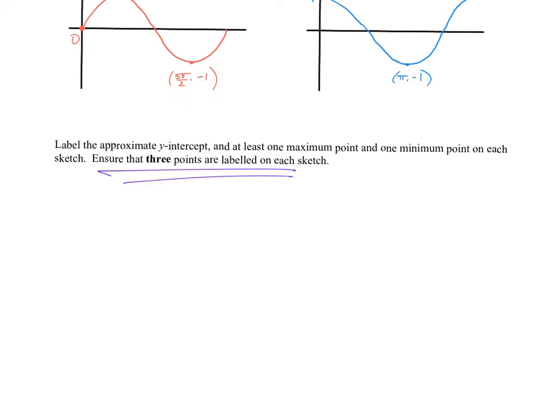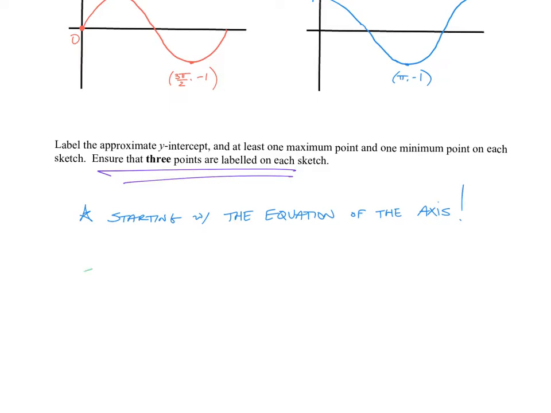So the first thing that we may want to focus on might be the idea of starting with the equation of the axis. Now, if we know that the equation of the axis is the middle of my graph, then that can be a nice starting point for us to produce a sketch. So we're going to tackle a sketch dealing with that blue strategy first, starting with the equation of the axis.